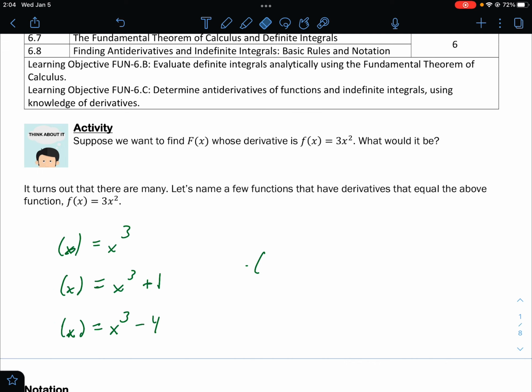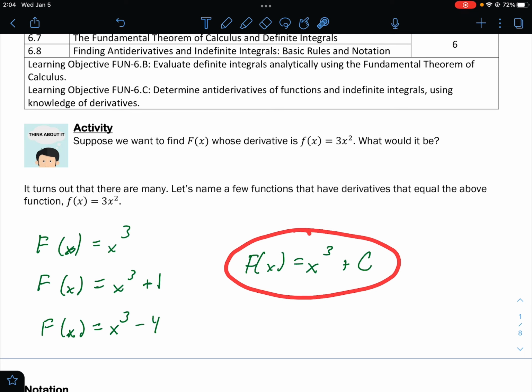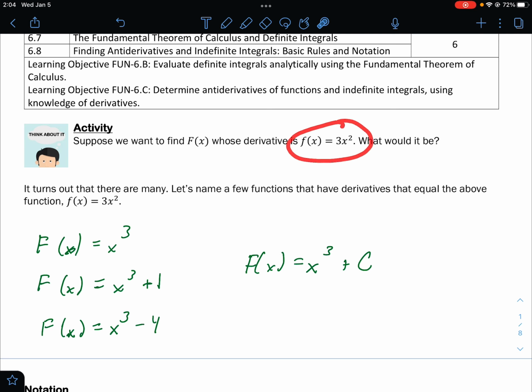But anyway, the point I'm trying to make here is that as long as our base function here is x cubed, we can add any constant we want after this. So we write that by saying plus c, plus some constant. Any function in this form will have a derivative in this form. Okay?